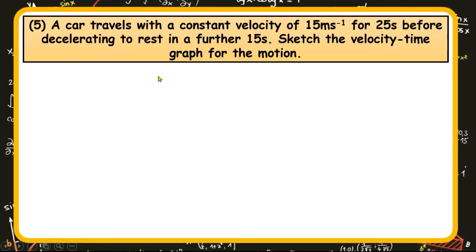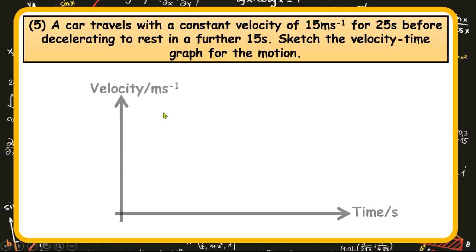A car travels with a constant velocity of 15 meters per second for 25 seconds before decelerating to rest in a further 15 seconds. Sketch the velocity time graph for the motion. Great.